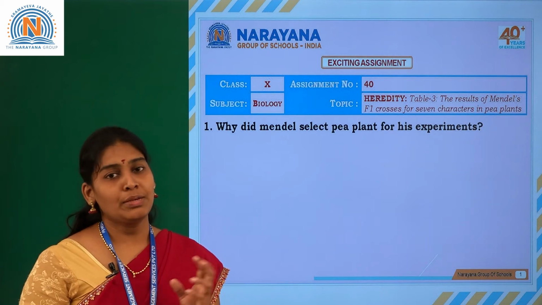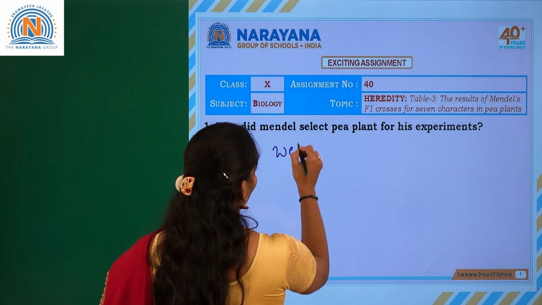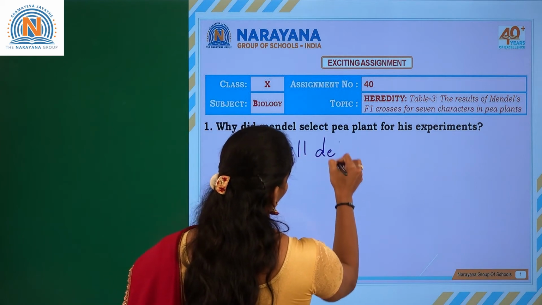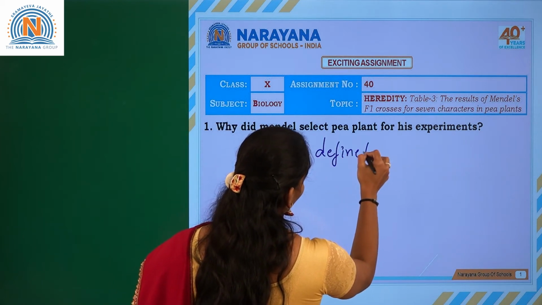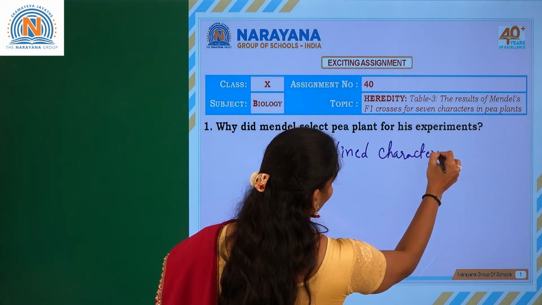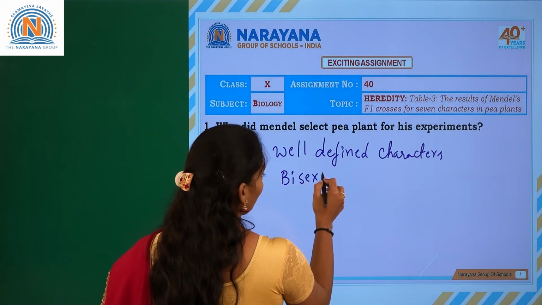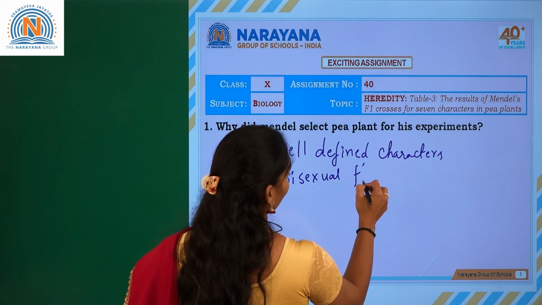So there are some characters. The first one is well defined characters. These are bisexual flowers.